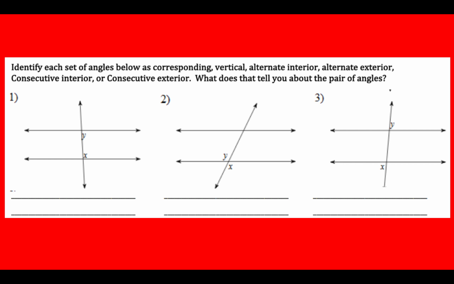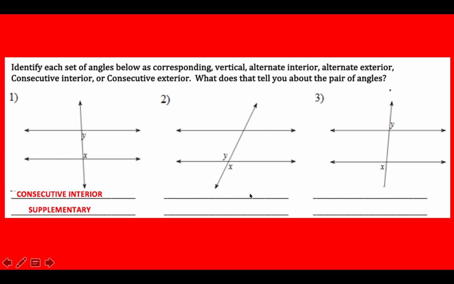For the first one, we see that we are on the same side of the transversal, so we're not going to be alternate. Both of these angles are on the interior of the parallel lines, so it's going to be consecutive interior angles. If you add them up, they're going to equal 180 degrees, so they are supplementary.